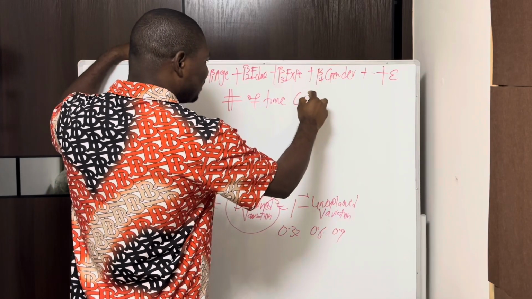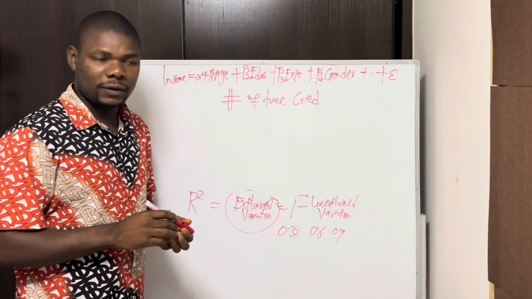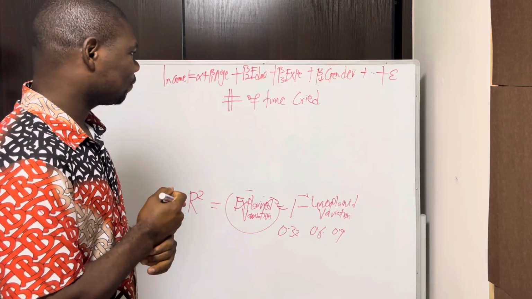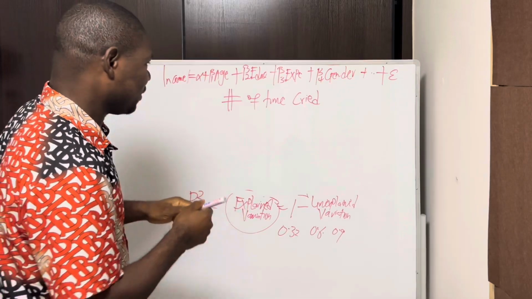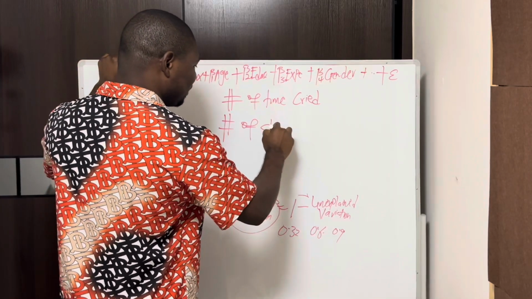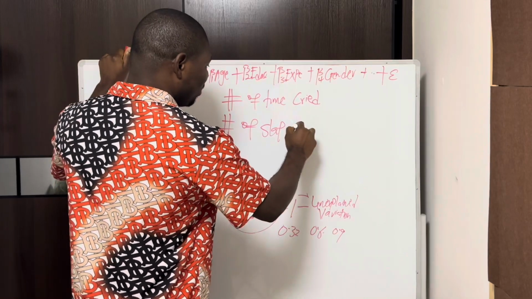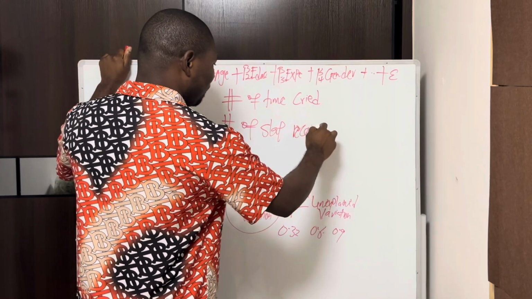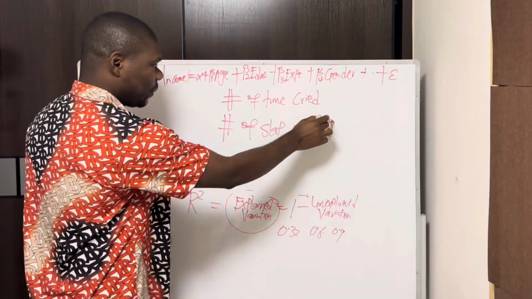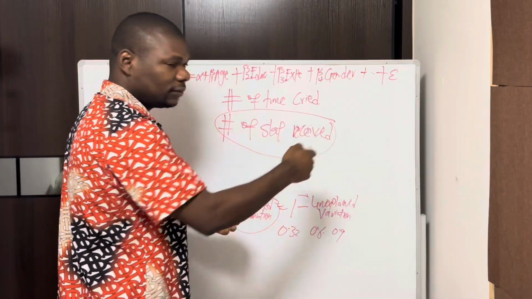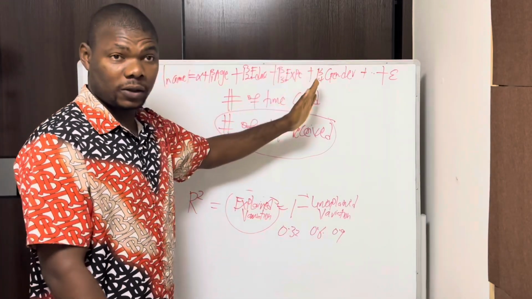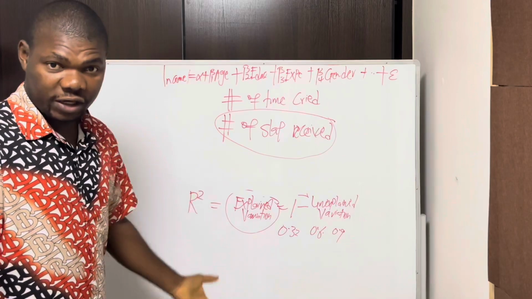Or let's say the number of slaps received in a year. Suppose there is a way to count that, to measure that. If we add it to the model, the R square is going to respond.